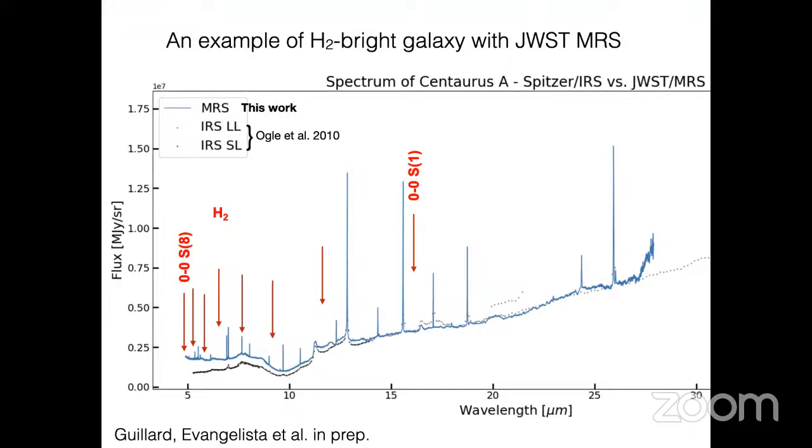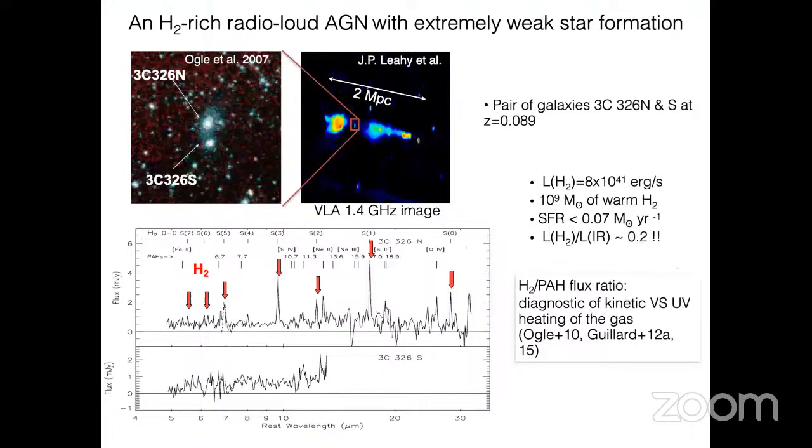And compared with Spitzer, which is this dotted spectrum here, now we've got the spectral resolution also to study the kinematics of the warm H2. With Spitzer, we had one resolution element. Now with James Webb, we've got many, many of those resolution elements, so we can do detailed studies.